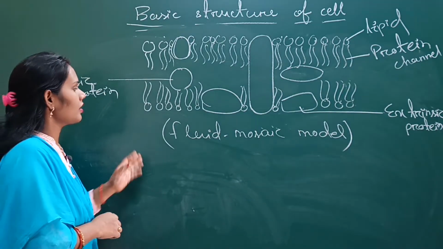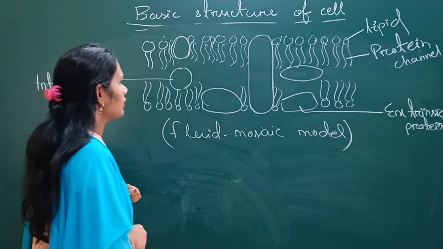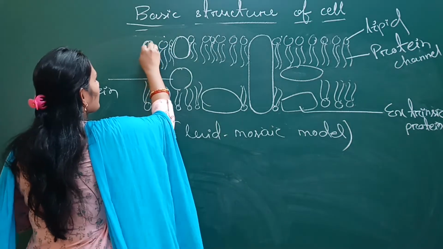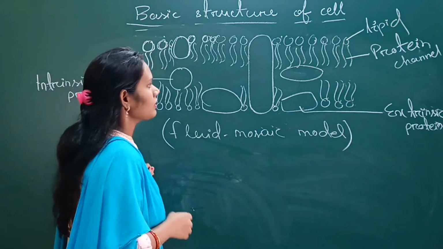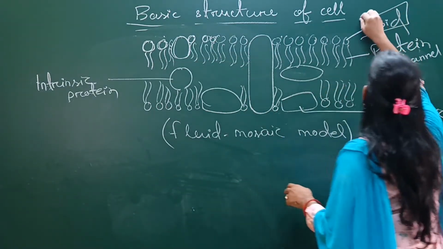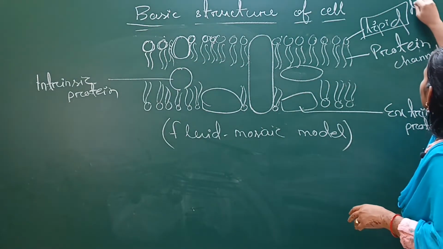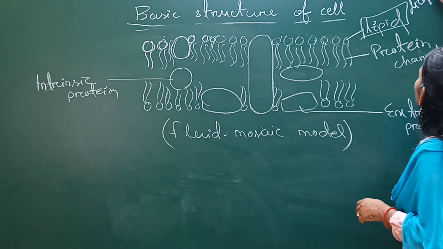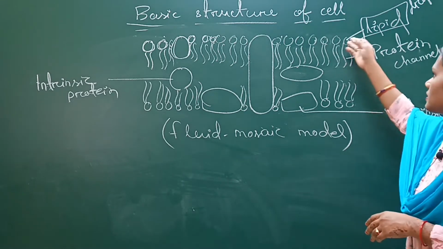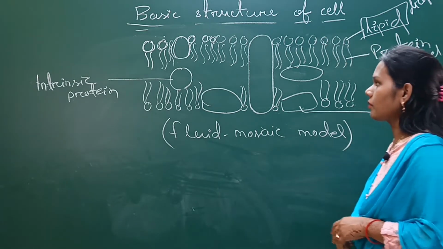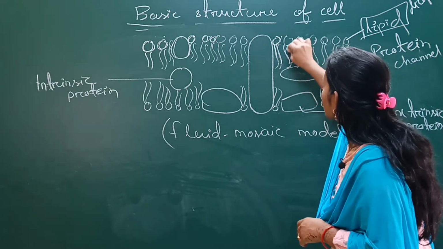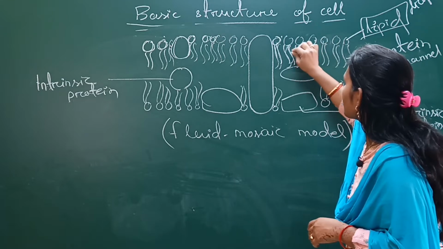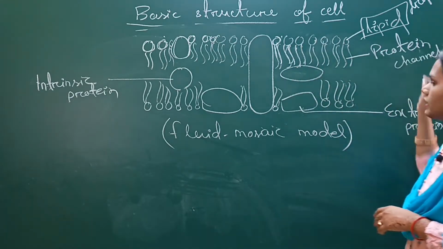This is the diagram of the fluid mosaic model. In this model you see round structures, and these round structures are called lipid droplets. Lipids are present in the form of droplet-like or globule-like structures. From the lipid molecules there are some channel-like structures, and these are protein channels.